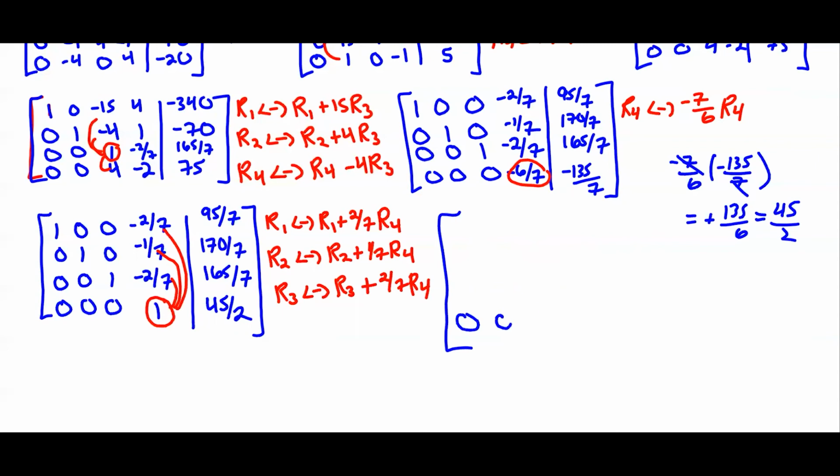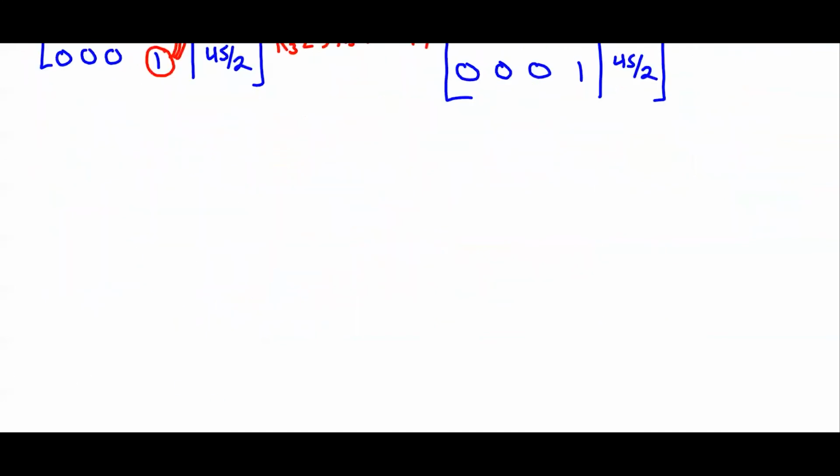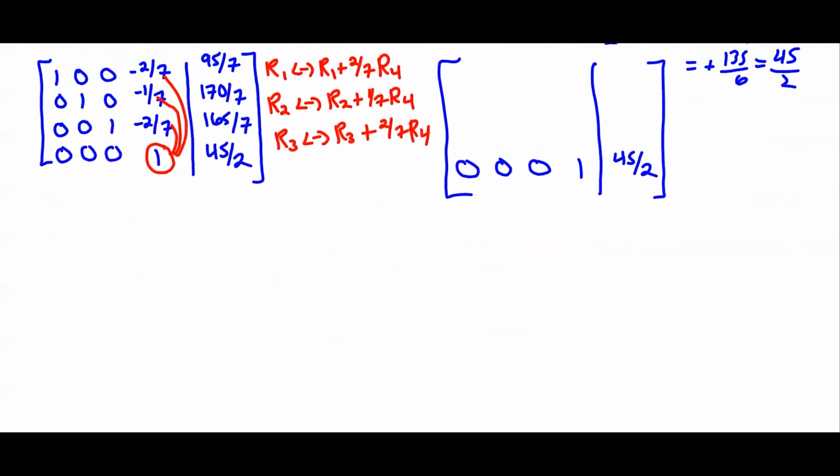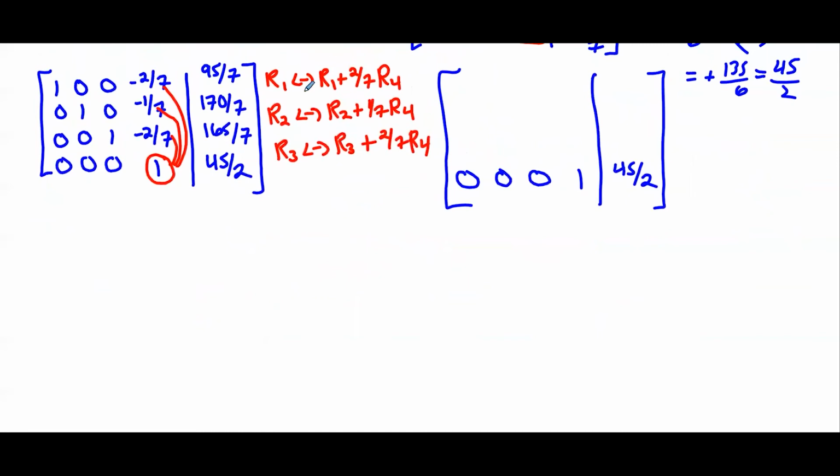So row 4 will stay the same. Get some more room here so I can write a bunch. So row 1 is row 1 plus 2/7 row 4. So we're going to have 1, 0, 0, and then negative 2/7 plus 2/7 will be 0. That's what I want. So this is the part where I've got to do some work.